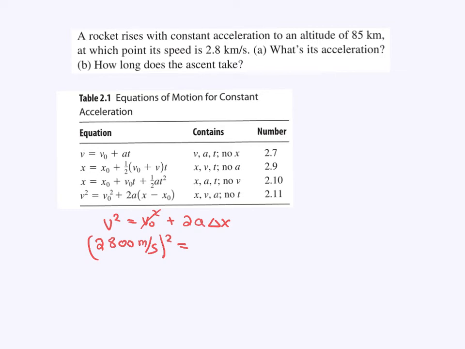And then it's just 2 times a, and then the change in position is 85 kilometers, which is 85,000 meters. And then this is just a simple equation in which there's just one unknown, the quantity a, which is the quantity of interest.